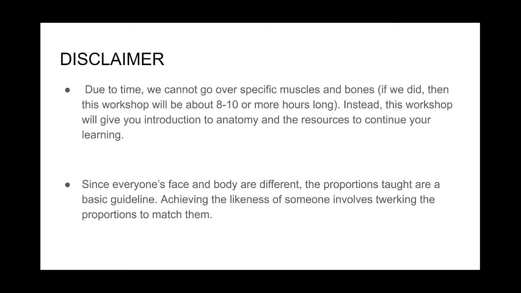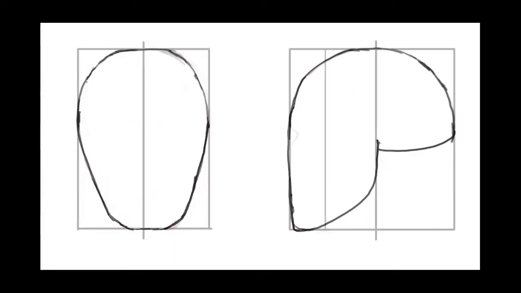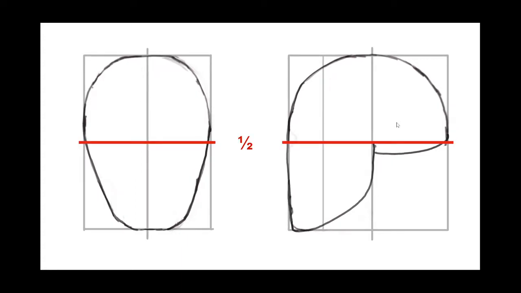Okay, cool. So then we're going to start off with head proportions. So there's the basic human head. For the human head, I would recommend just drawing a basic structure right here, kind of like an egg shape. And then for the proportions, about halfway down the human head is about the eyes.